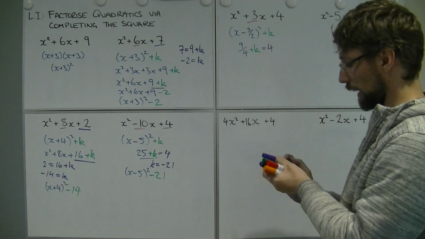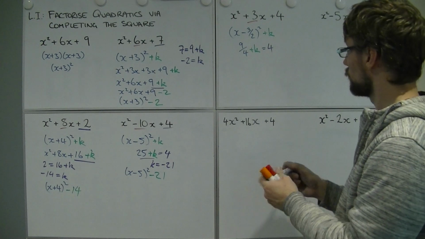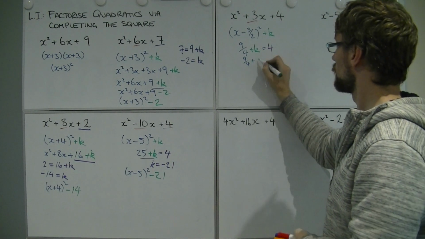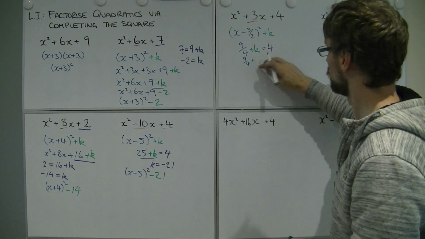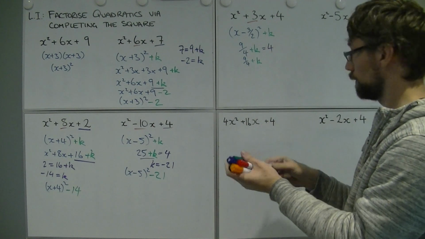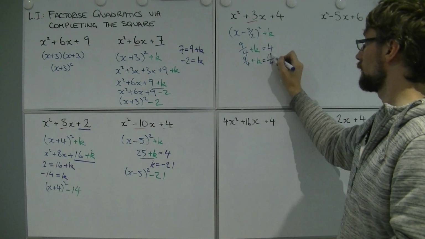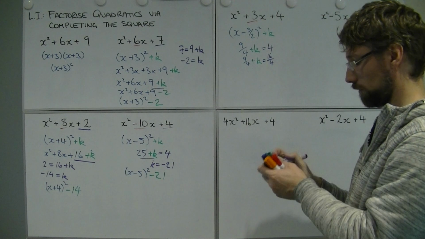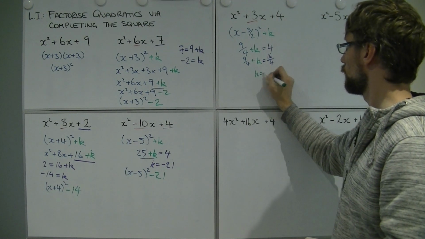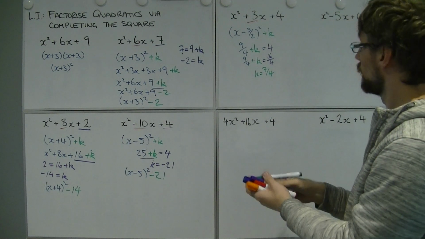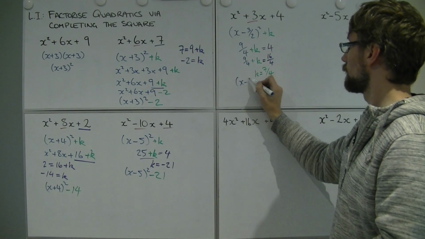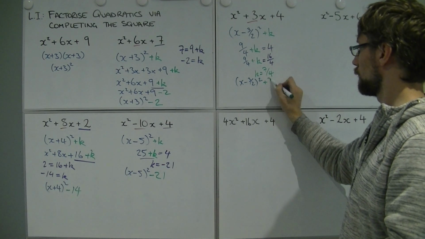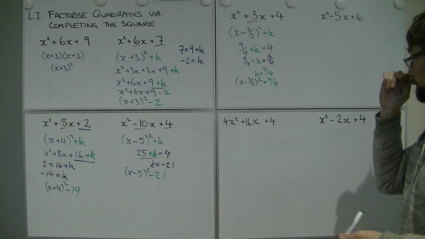Well, solving this for k, that's a little bit fiddly, but you can just write 9 on 4 plus k has to equal, I need this on 4, so that's 16. 16 on 4 is 4. Great. Well, 9 plus something is 16, okay, k is therefore 7 on 4. So we get minus 3 on 2 squared, that's positive now, positive 7 on 4. Brilliant. So we got that result.